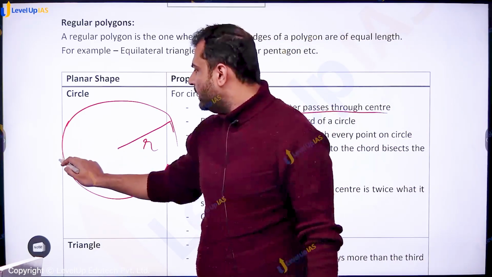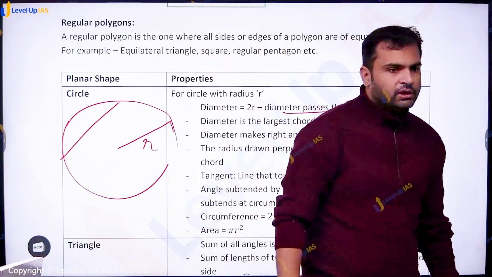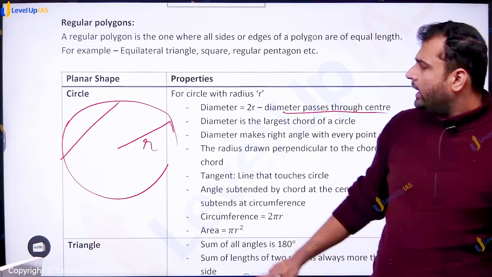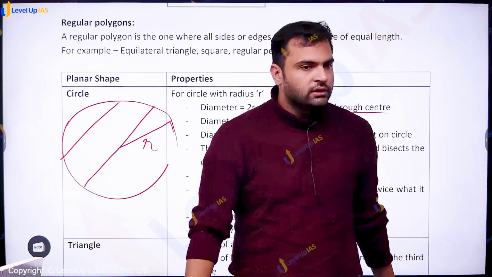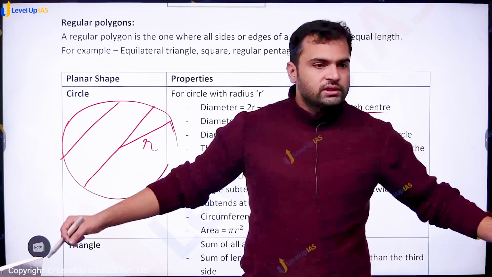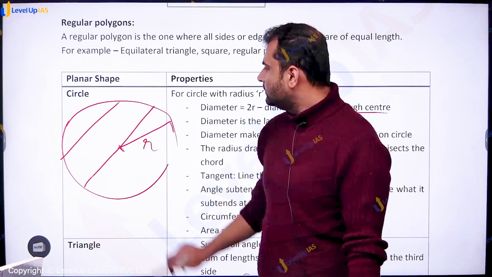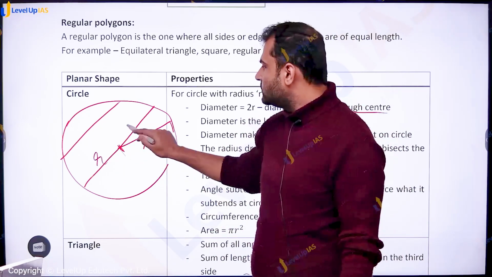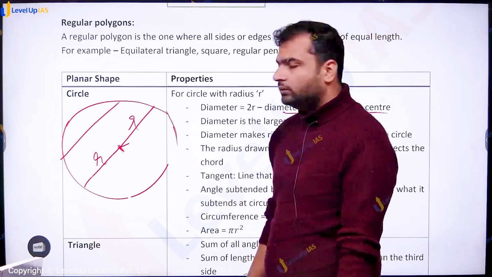If I draw any line joining random 2 points on a circle, it is called a chord of a circle. And if this chord passes through the center of a circle, then this is the longest possible chord that we can have in a circle, and it is called the diameter of a circle. And diameter is nothing but 2 times the radius of circle.